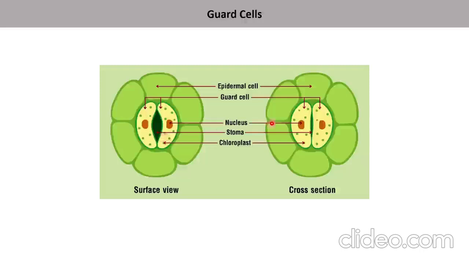Now let's understand how this actually works. Let's take another example to understand how a guard cell works. If you take two round shaped balloons and remove the air from those balloons, the two balloons will come close to each other, right? So there won't be any space between them.